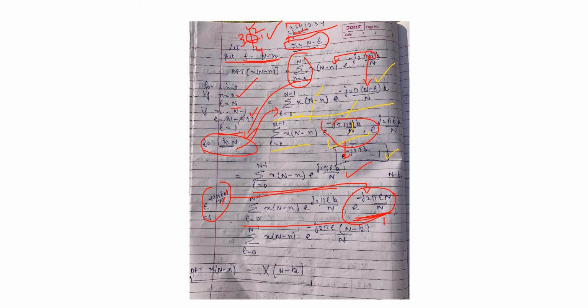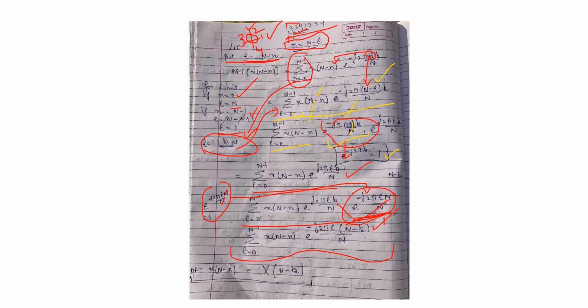Now from this we take common e raised to power minus j 2 pi l. Here we are left with minus k, and here we are left with N. So the final equation becomes summation l is from 0 to N minus 1, x of n minus 1, e raised to power minus j 2 pi l (N minus k) upon N.